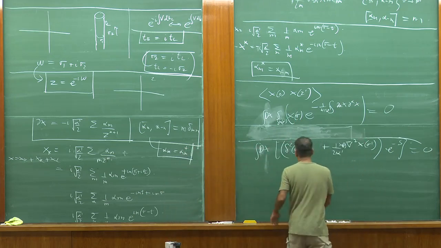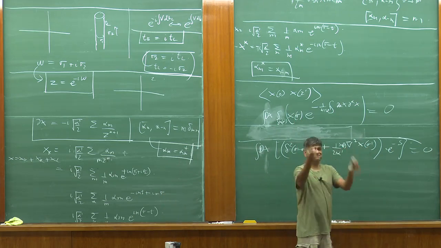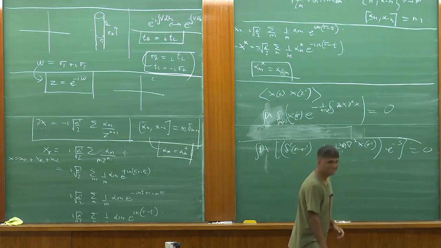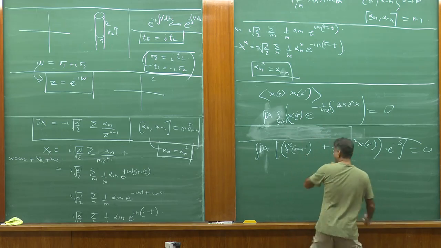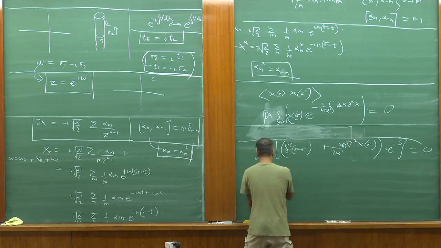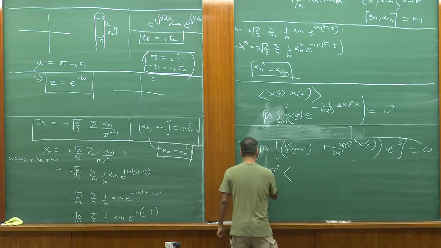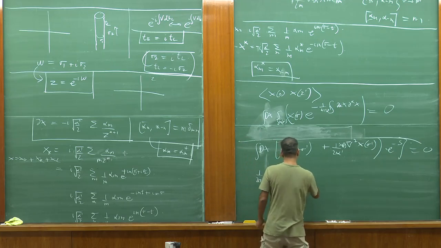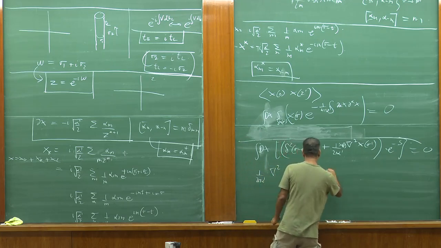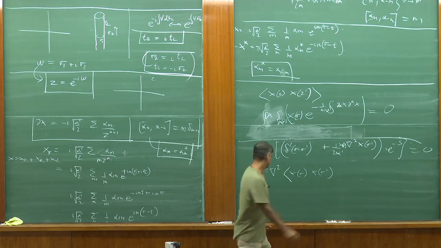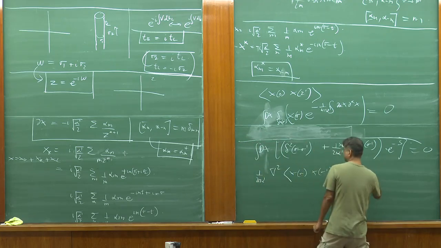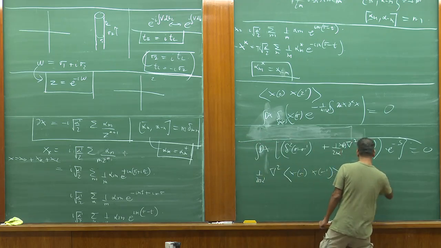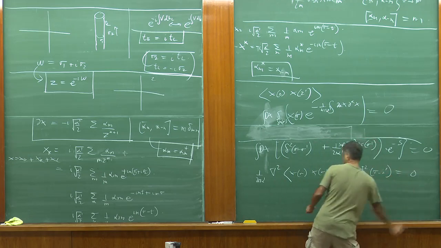Now, sigma and sigma prime are just coordinates here. So this del square out here. Okay, so what is this equation? This equation is del square of 1 by 2 pi alpha prime, del square of x of sigma prime, plus delta 2 of sigma minus sigma prime is equal to 0.